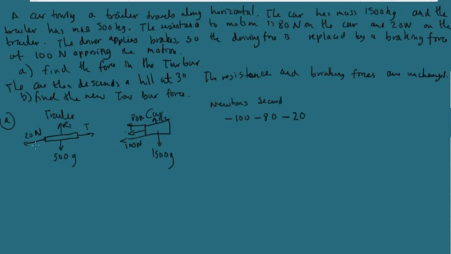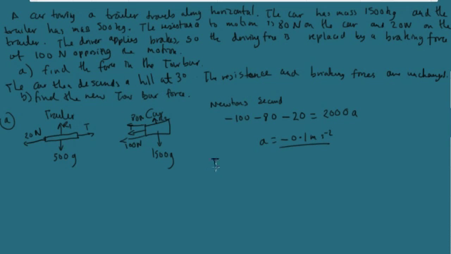Minus 20 for the resistance on the trailer must be equal to the mass, which will be 1500 plus 500, which is 2000 a. So a must be minus 0.1 meters per second squared, which makes sense because it'll be decelerating. So now we can do the equation separately for the separate components.